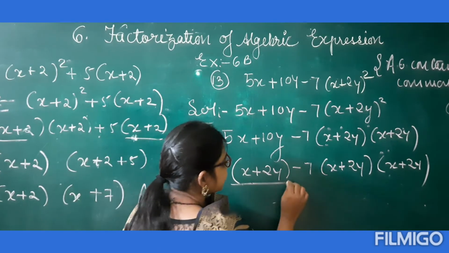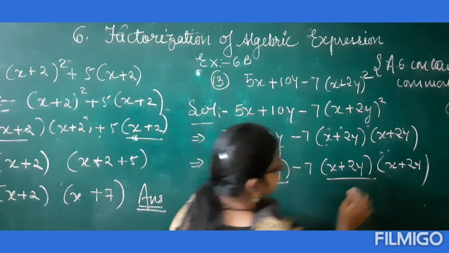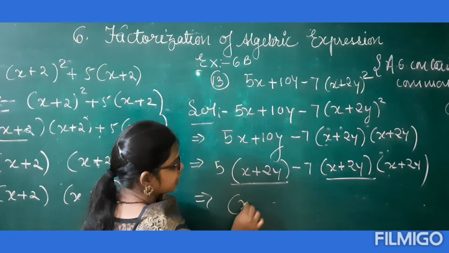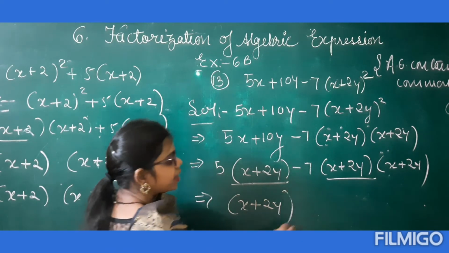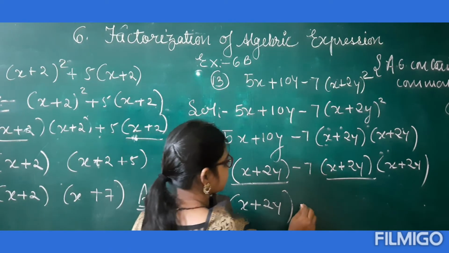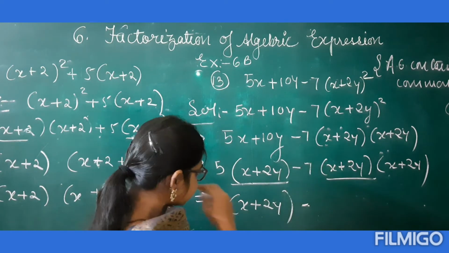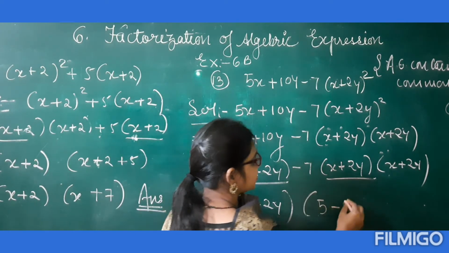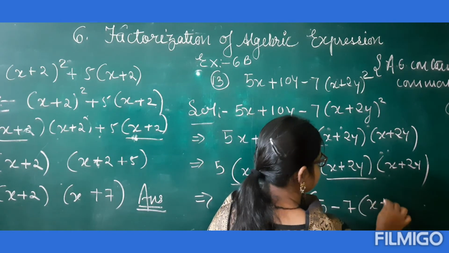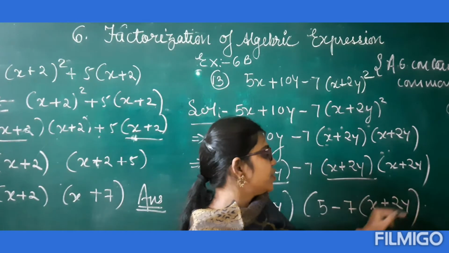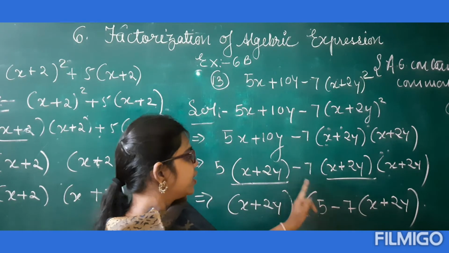From here I can take x plus 2y common, and from here also I can take x plus 2y as the common binomial term. So I can write down x plus 2y as the common binomial term. Now what is remaining? This 5 and minus 7 into x plus 2y remain, with the minus sign.